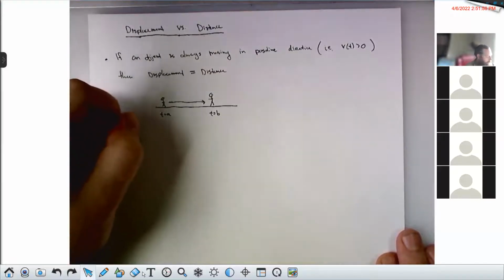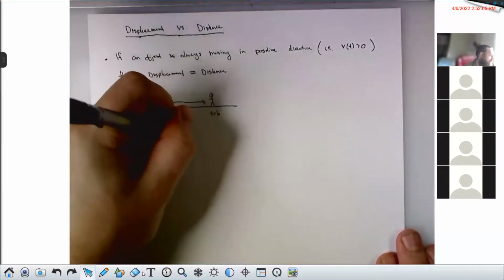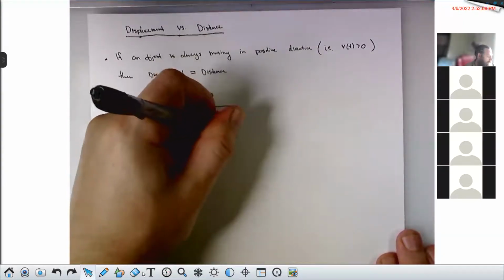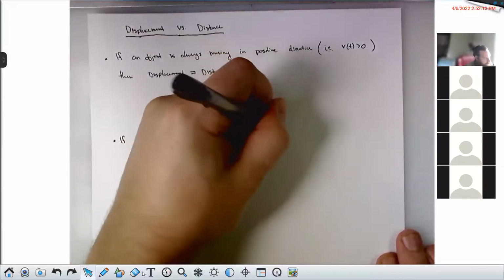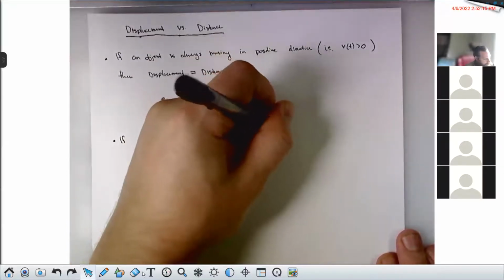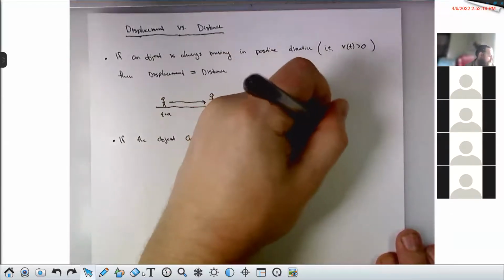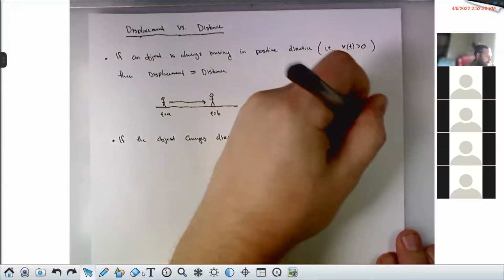If the object changes direction, though, i.e., V of t is not always positive, then displacement is not equal to distance.